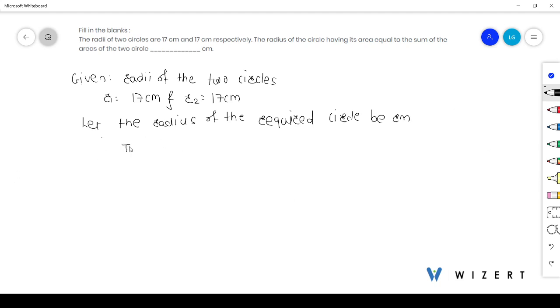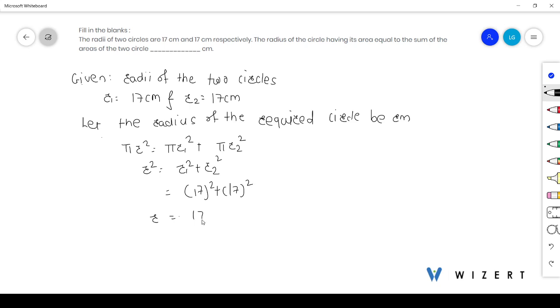So pi r square equals pi r1 square plus pi r2 square, this is from the given. So r square equals r1 square plus r2 square, which is 17 square plus 17 square.